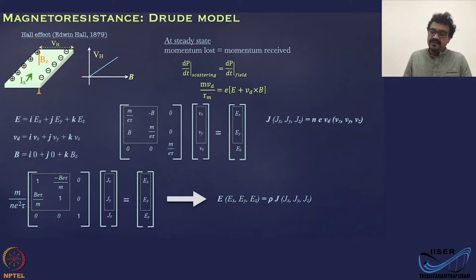Once we substitute these three in this equation, you can generate this matrix. I have marked a small 2 by 2 square matrix inside this.